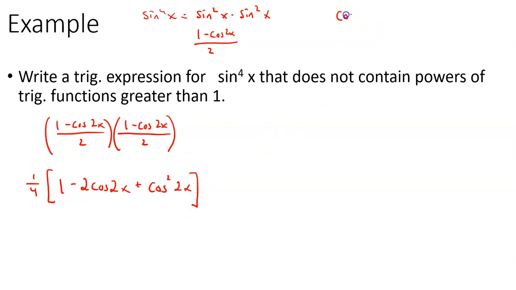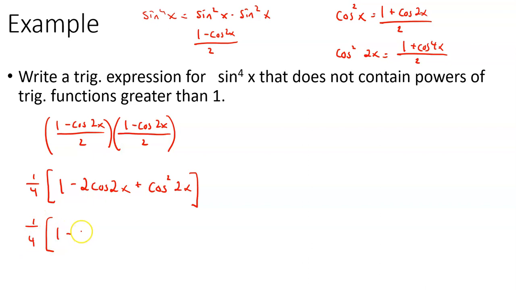Again, I'll remind myself that if cosine squared x equals 1 plus cosine 2x over 2, then cosine squared of 2x is going to be 1 plus cosine of 2 times 2x, in other words, 4x over 2.